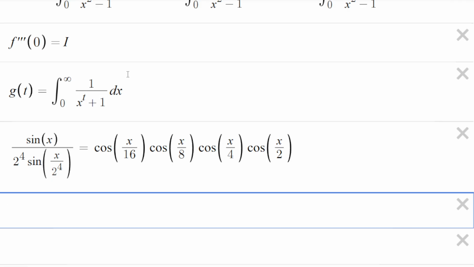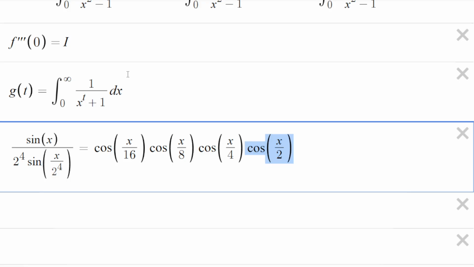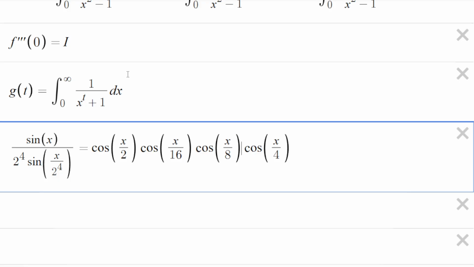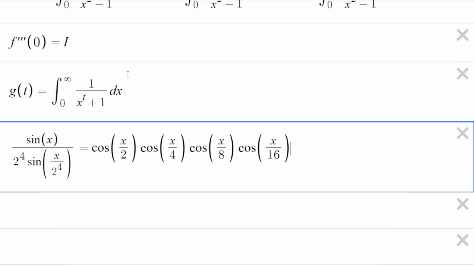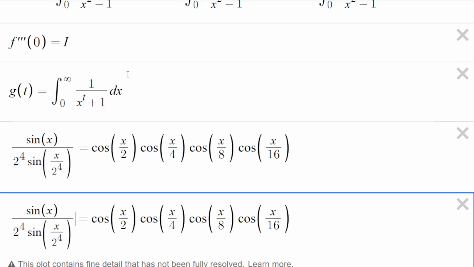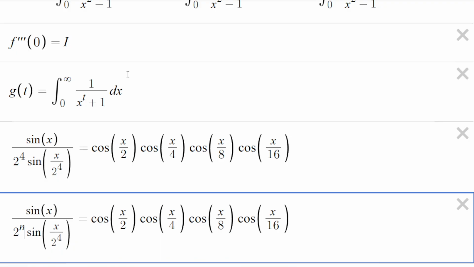So, let's rearrange these. I'm going to put the cosine x over 2 first. I'm going to put the cosine x over 4 second, cosine x over 8 third. And you'll note, and now let's put this all in terms of n. Okay, so our n is 4. So let's put an n here and an n here. And this is, now rewriting this, we're going to have to break out a new concept.